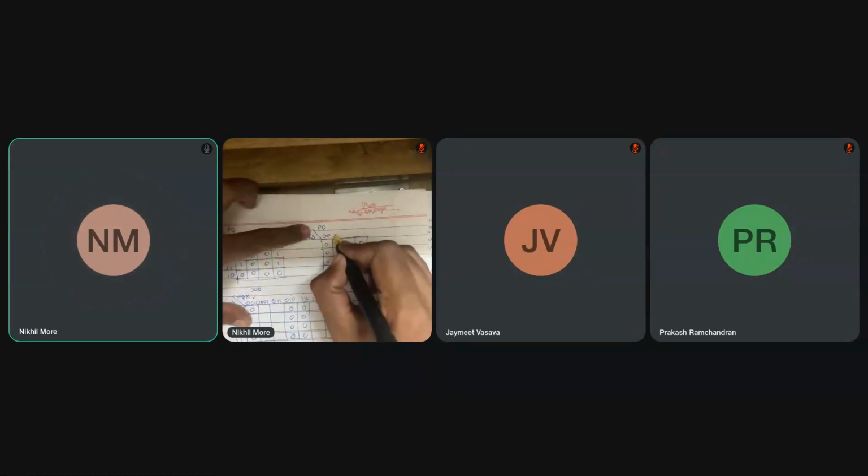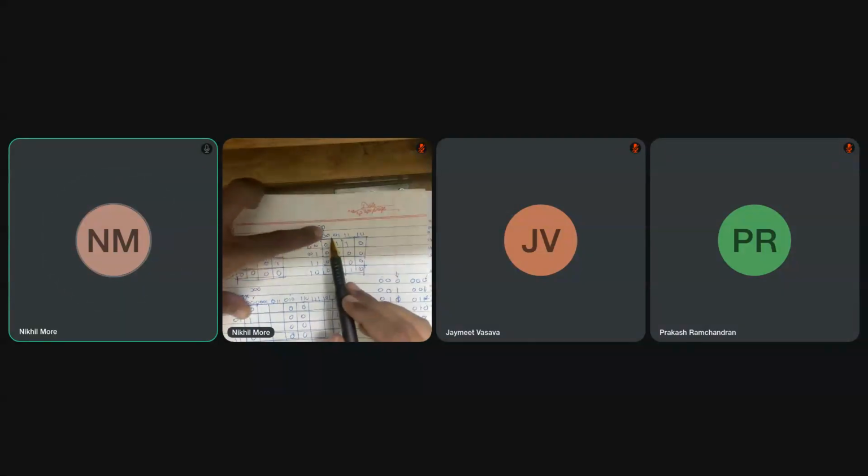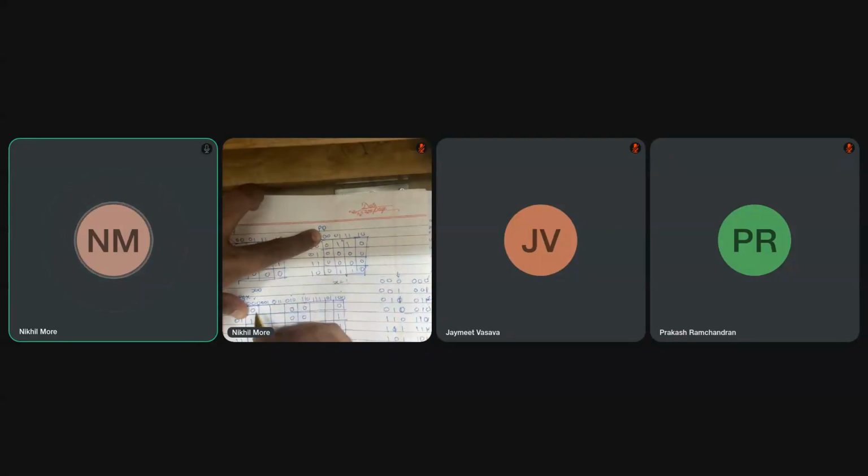This is 1, 0, 0, 0, 1, 1, 1, 1, 0, 0, 0, 0, 1, 1, 1, 1, 0. When x is 1, this will be 0, 0, 1. So we copied this row, this column into 0, 0, 1. It's all zeros.